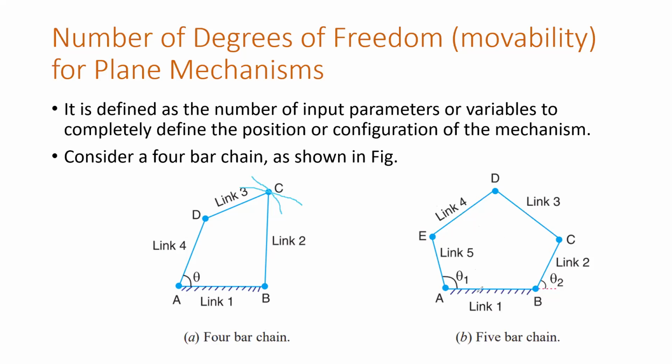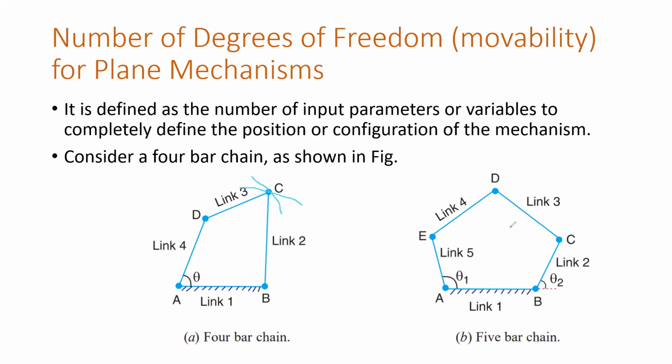Link A1 is known, link 5 you can draw at this angle, but what about link 2? If theta 2 is not given, where will you draw it? Where is point C? You cannot find. Similarly, from point E, you cannot find point D.